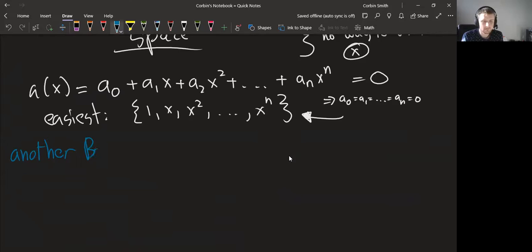What's a Taylor basis? It's 1, x minus r, (x minus r) squared, all the way up to (x minus r) to the n. I was thinking of x plus 1, (x plus 1) squared, (x plus 1) cubed. That's going to be an important example.